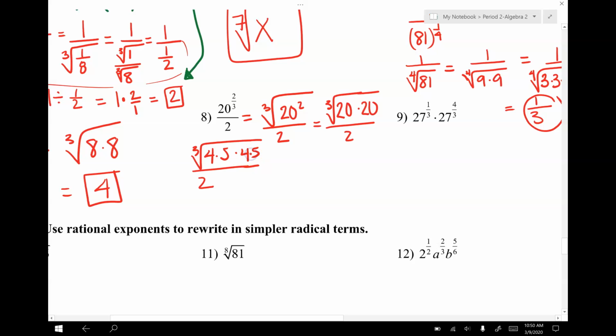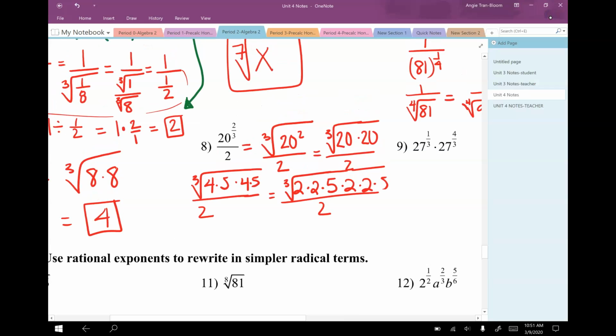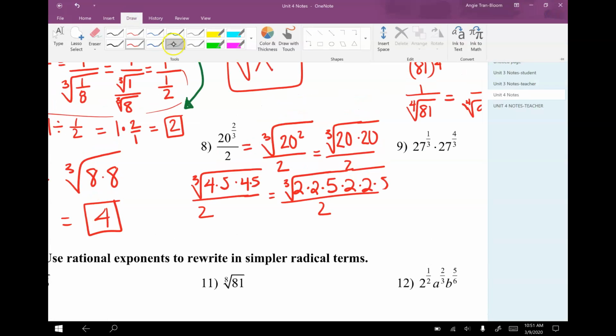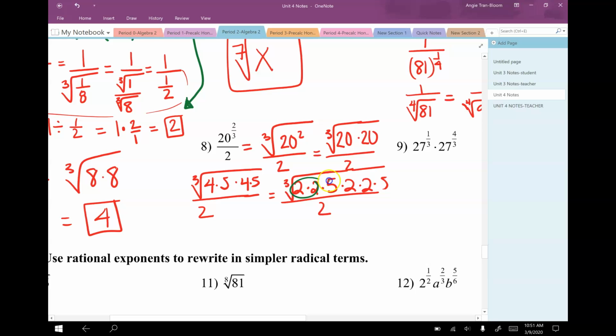So far, so good. Then break the 4 down to what? 2s, okay? So remember, 2 times 2 times 5 times 2 times 2 times 5 all over 2. Can I simplify anything? Are there a set of triplets in there that we can take out? Yeah. So there are actually 4 what? 2s. Can we take all of them out?